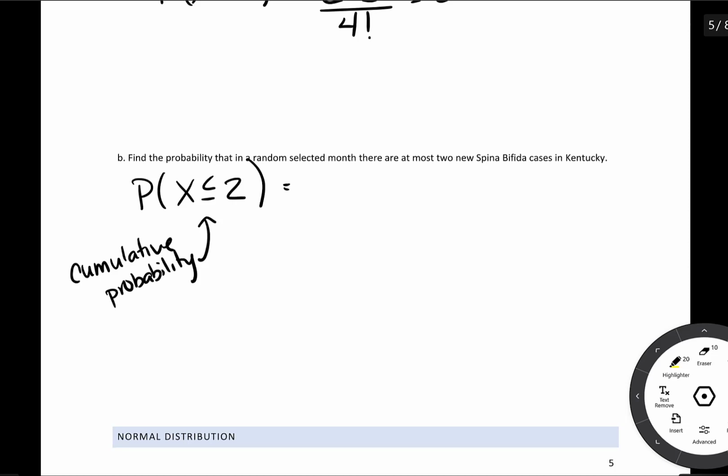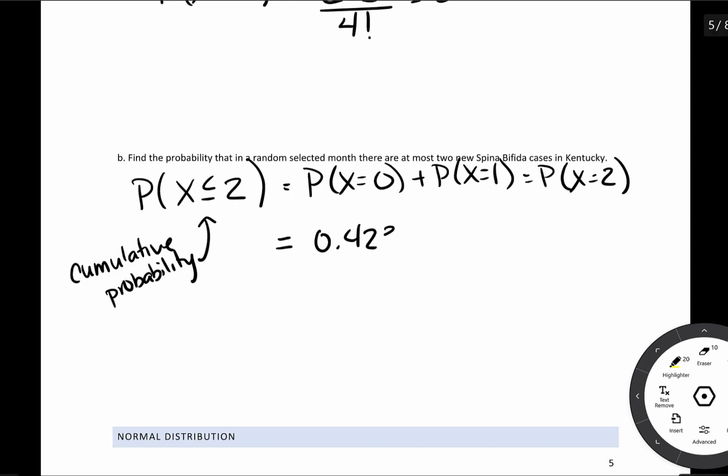And just like before, notice this is equal to the probability that x is equal to 0. There are no cases, or there could just be 1 case, or there could be 2 cases. So try this on your own, and you should get 0.42319.